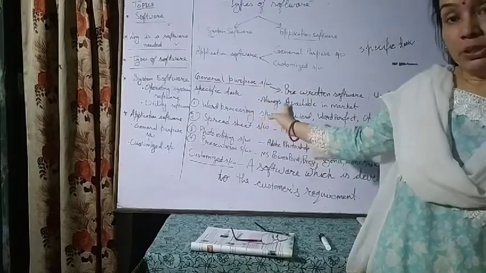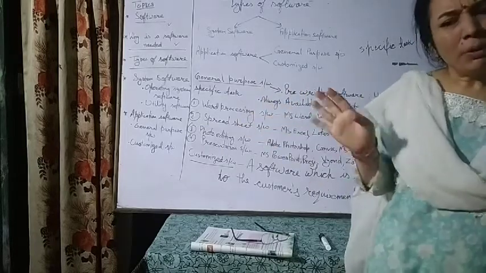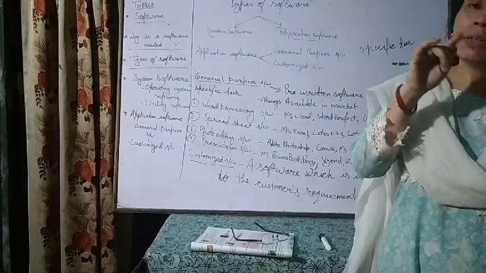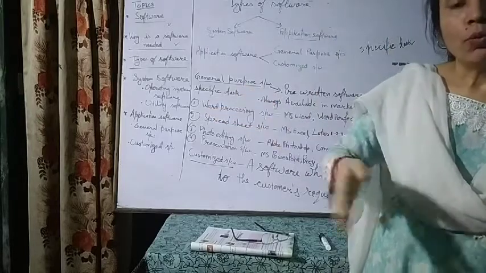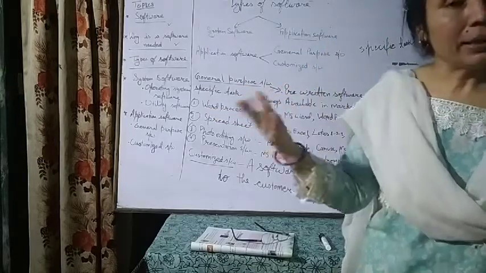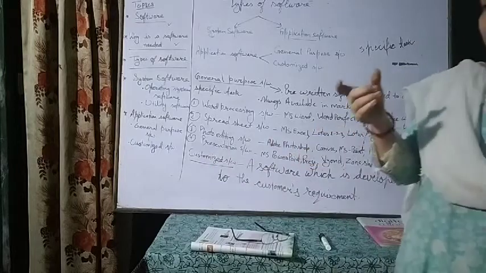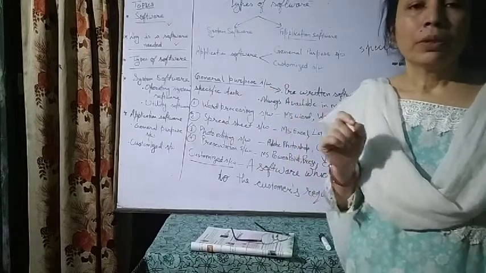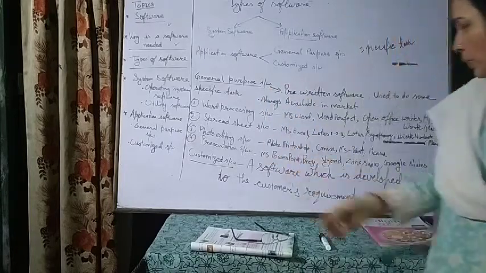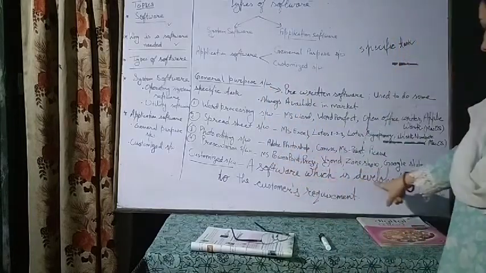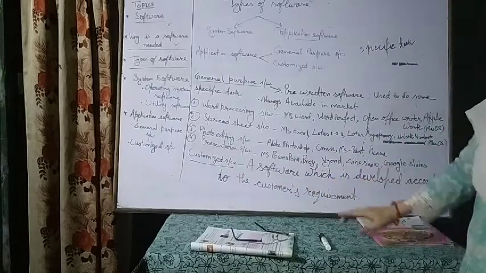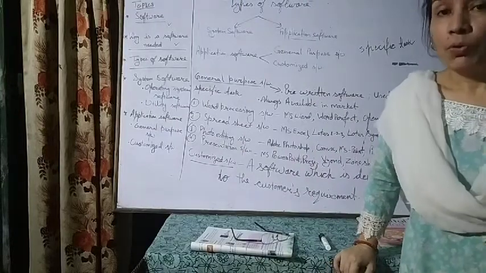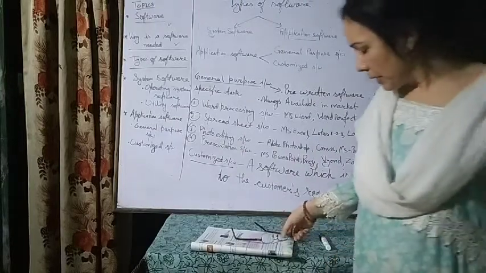Among these general purpose software, if I see they will not satisfy my requirements, then I can go to a vendor and give an order to make a software with these requirements. So here I have written: a software which is developed according to the customer's requirement is called customized software. Clear?